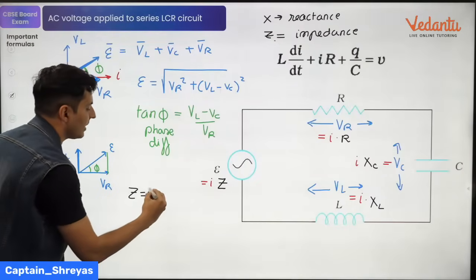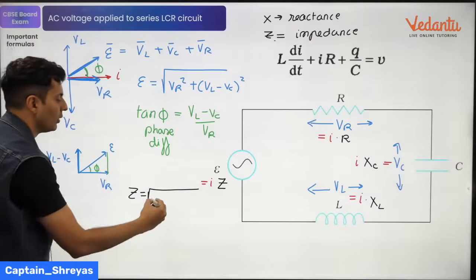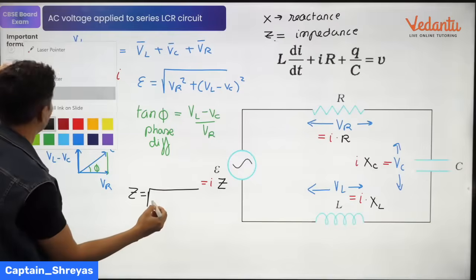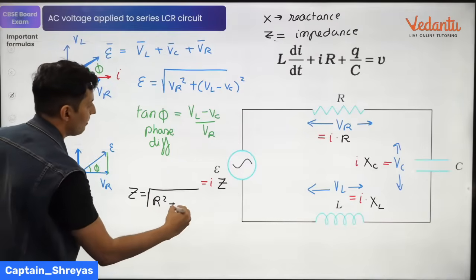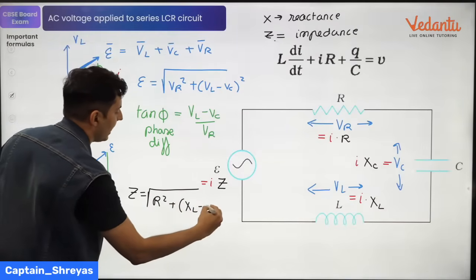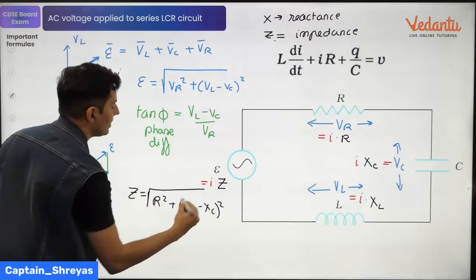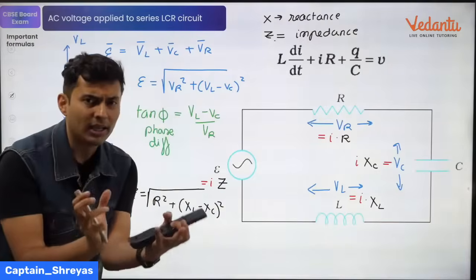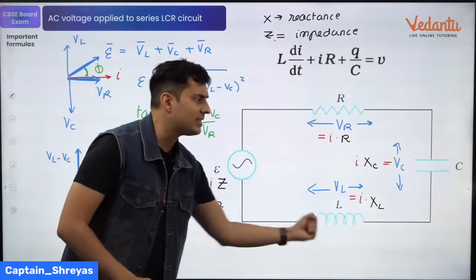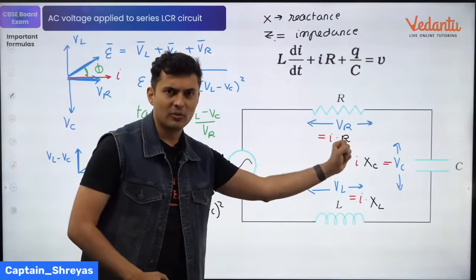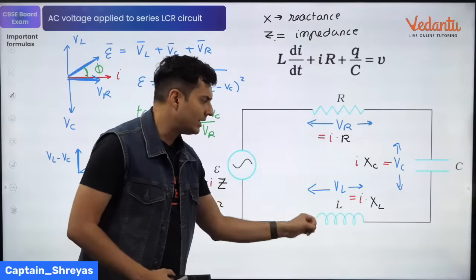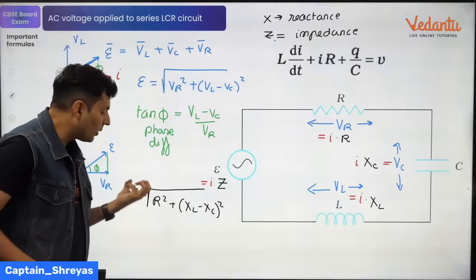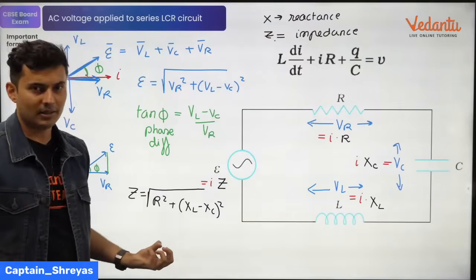So Z is basically root of R square plus XL minus XC whole square. That is the formula for impedance, which is the total resistance of the AC circuit. It includes the resistances of resistor, capacitor and inductor equivalent in AC. So that is the total resistance of the circuit.